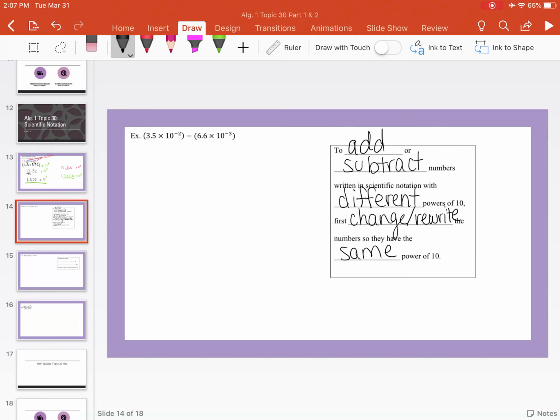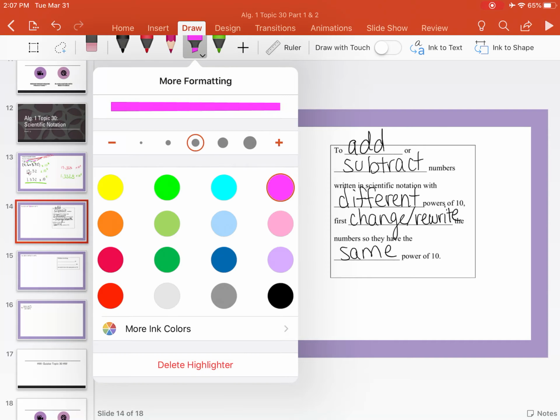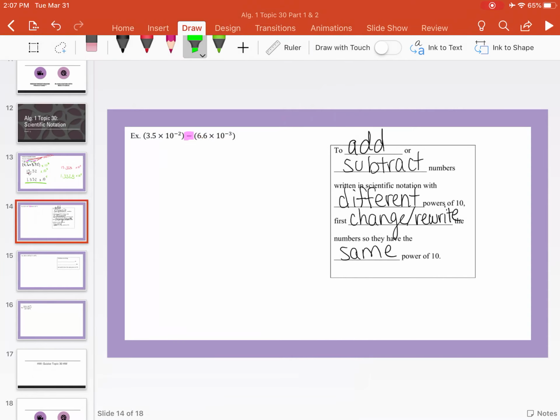So what we're going to do here is convert. Looking at my example, I'm dealing with subtraction now. So they have to match.